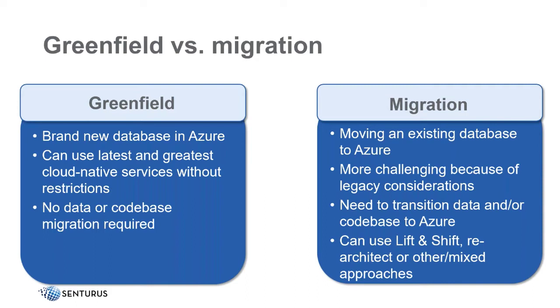In addition to shifting the data to Azure, we may, of course, need to shift the code base to Azure. That's a whole separate conversation: how do we migrate code to Azure? But it is possible as well. It is not required, so you can keep your code on premises and move your database to Azure.